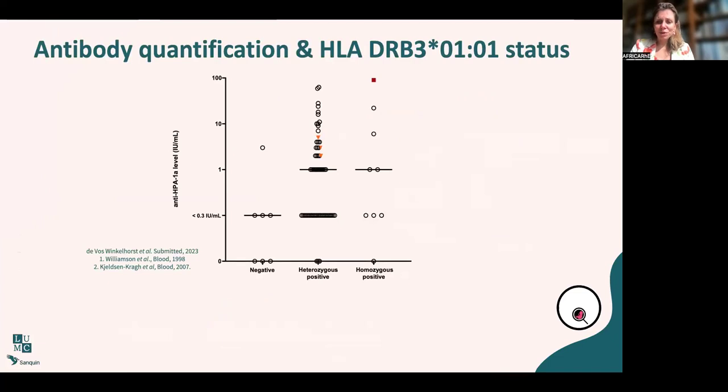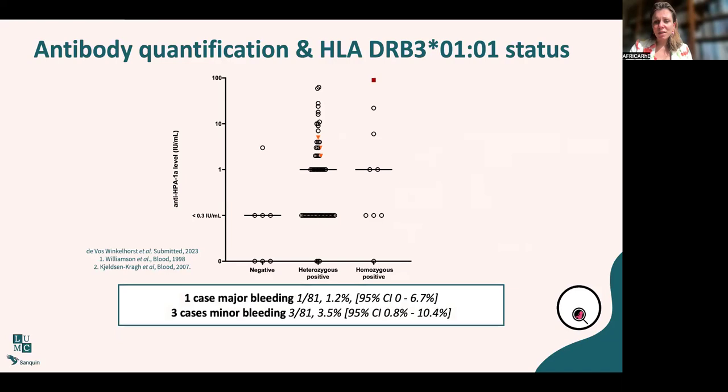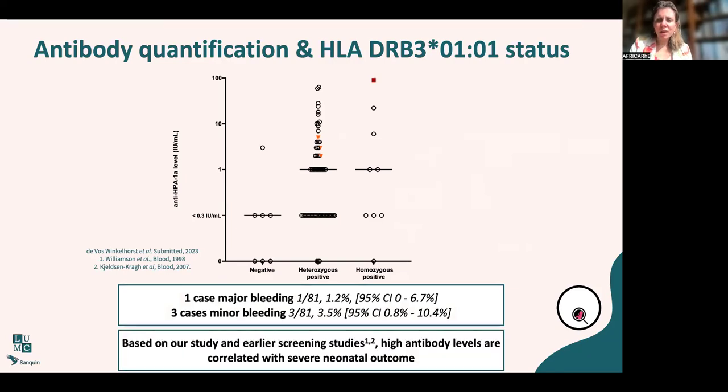There are many more results, but we found, as in previous literature, there were conflicting reports before about the extent of what antibody levels were saying and predictive for severe disease.